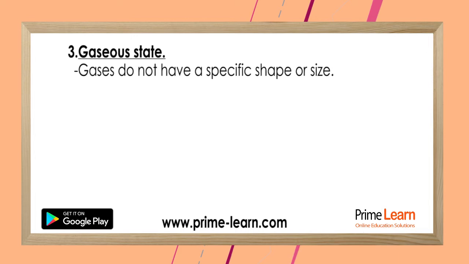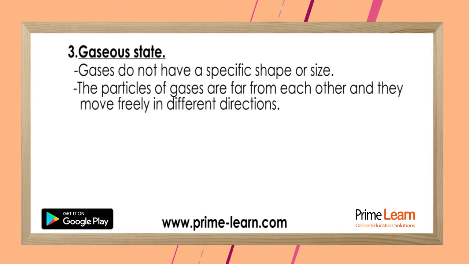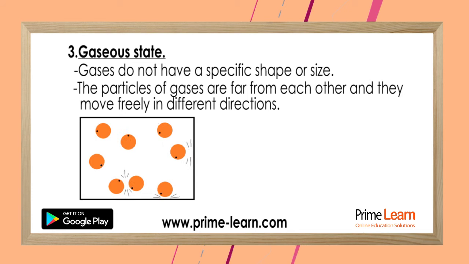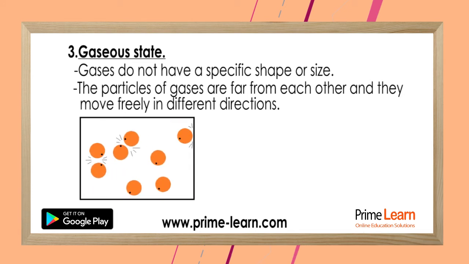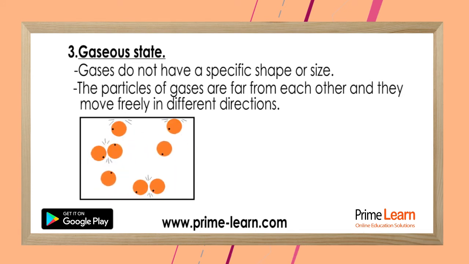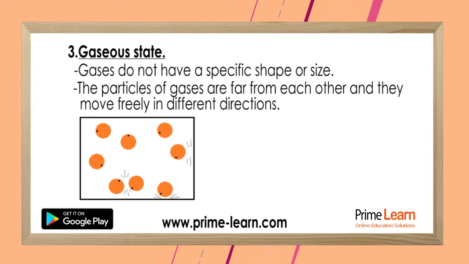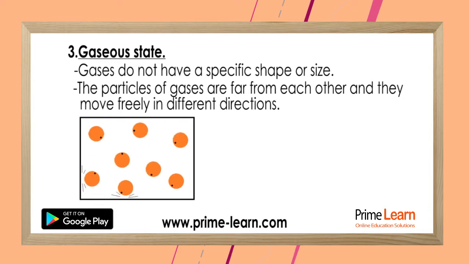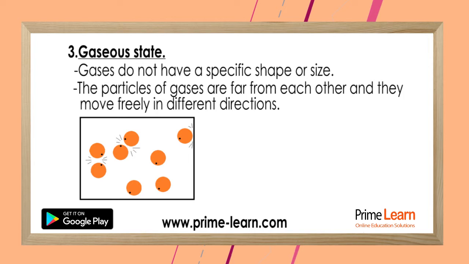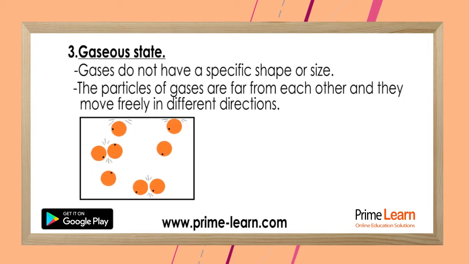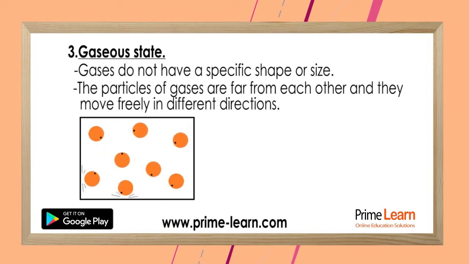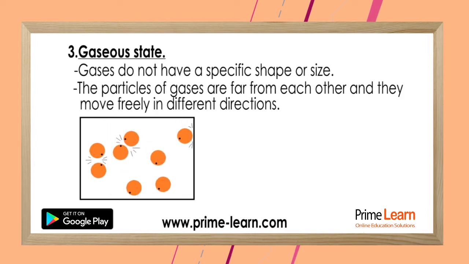That is one characteristic. Secondly, their particles are very far from each other and they move freely in different directions. Have a look on our screen here. We are seeing the particles of gaseous state, and their particles are free. They are far away from each other and they can easily move to different directions, as you can see them.